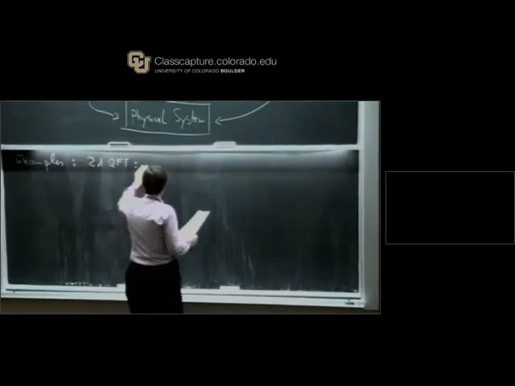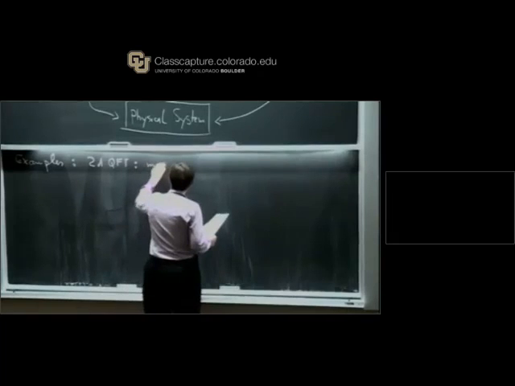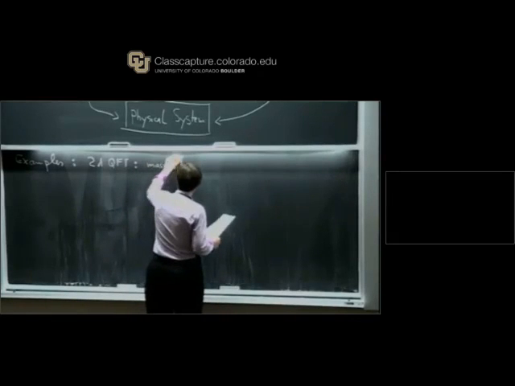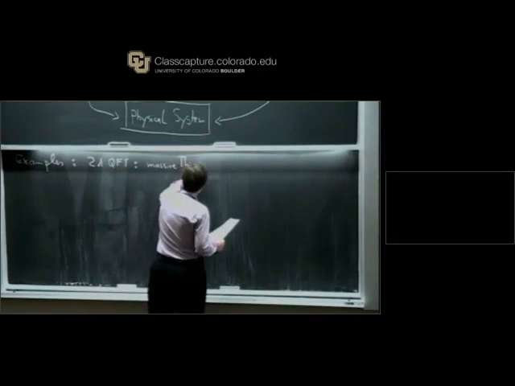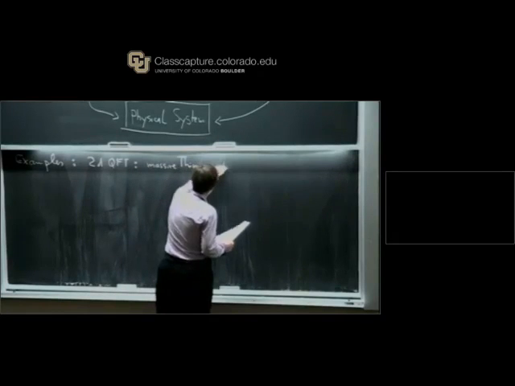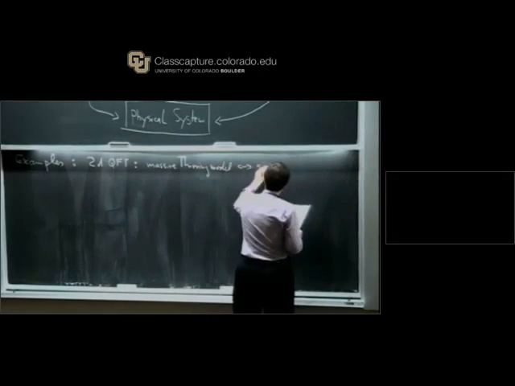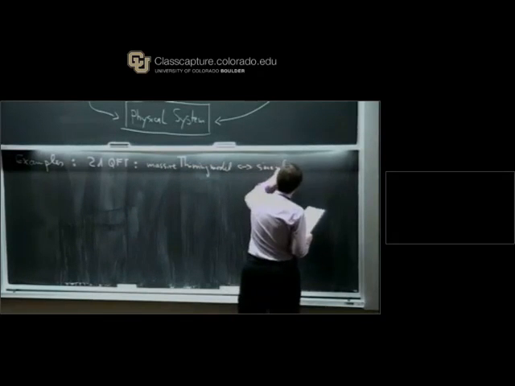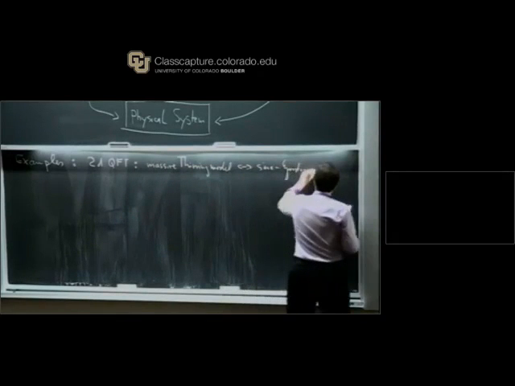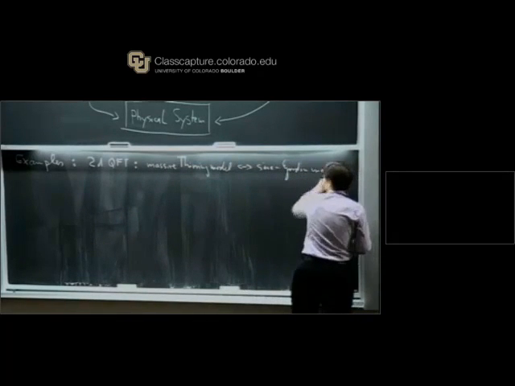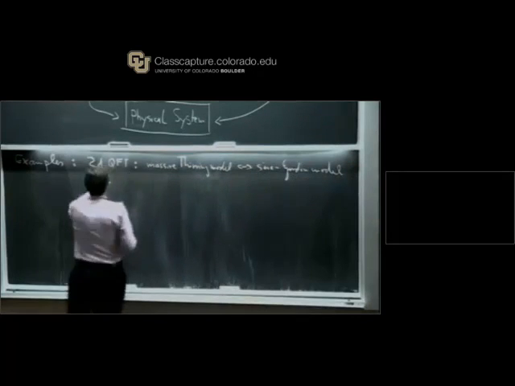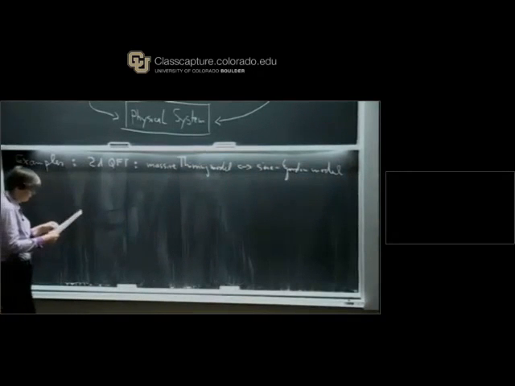Let me just give you the names. There you have two theories. One is the so-called massive Thirring model, and this is dual to the so-called Sine-Gordon model. So this is an example relating quantum field theories in two dimensions.